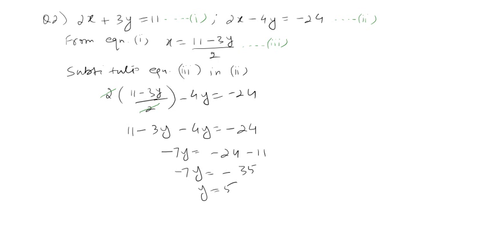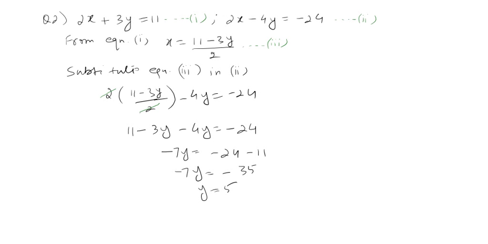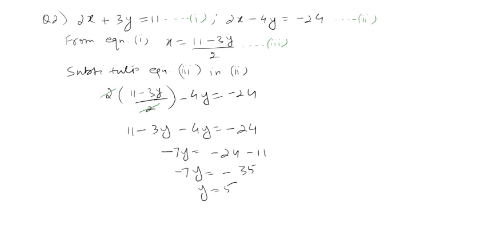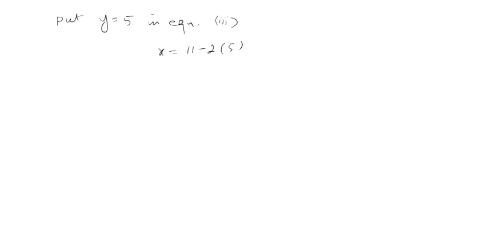So put y is equal to 5 in equation 3. So x is 11 minus 3y, sorry, 11 minus 3y upon 2.